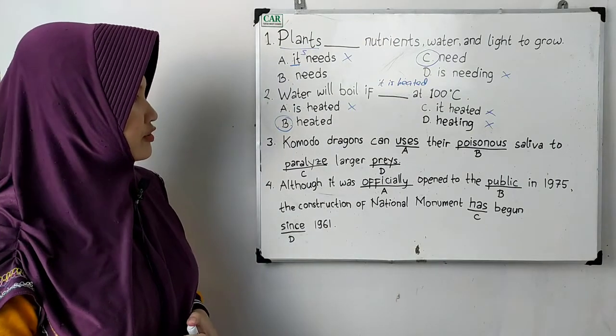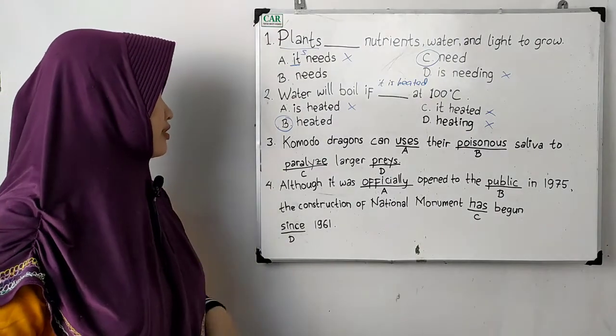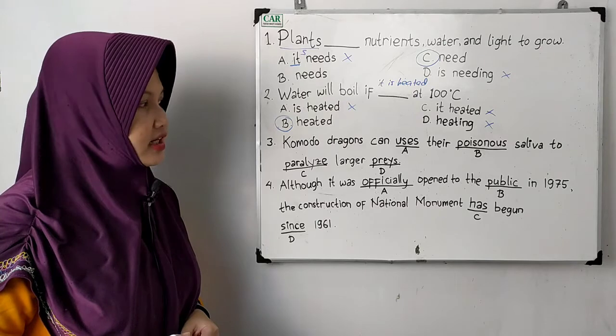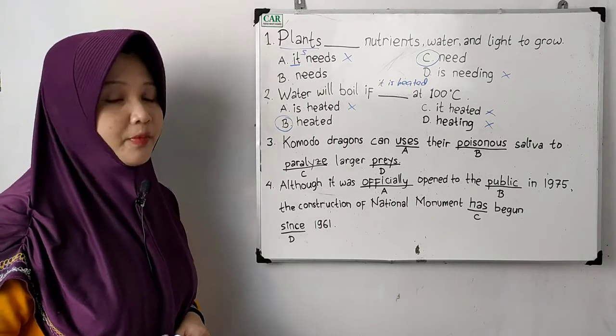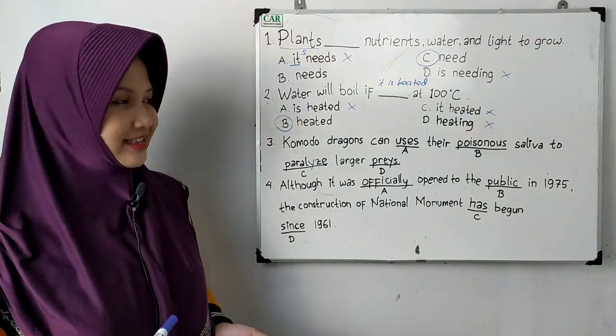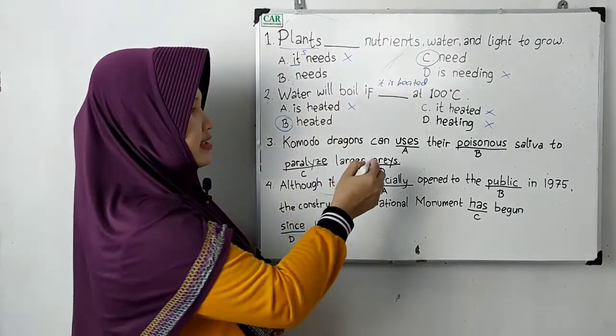Okay, let's move to error identification in number 3. Komodo dragons can use their poisonous saliva to paralyze larger prey. Okay, Komodo dragons can use this. Can here is a modal.